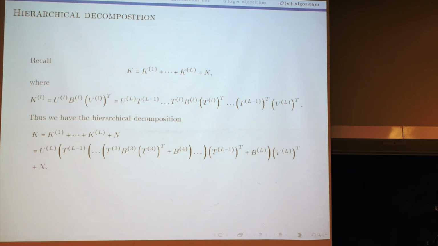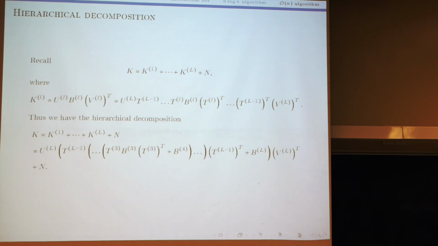So by writing the column basis UL, by extracting the information at leaf level and then passing the information to level L, we have a factorization of UL.